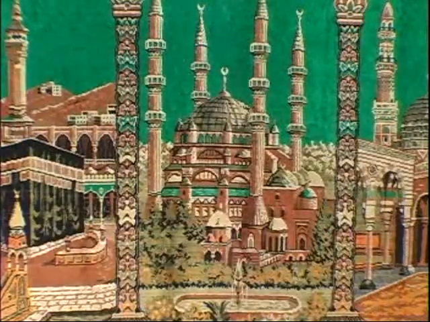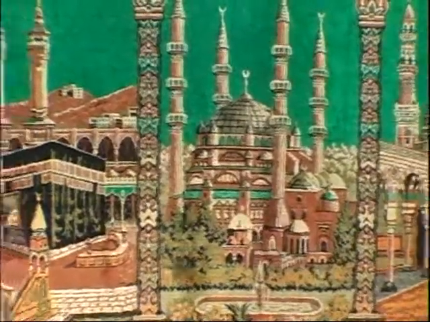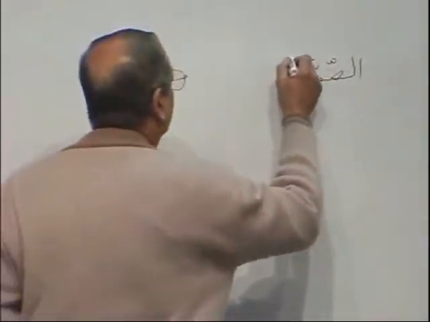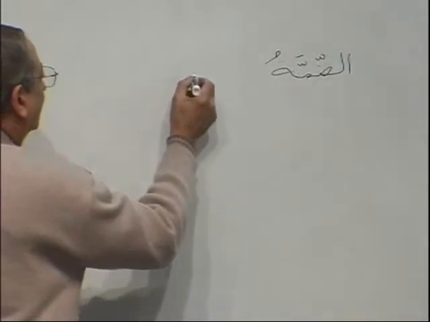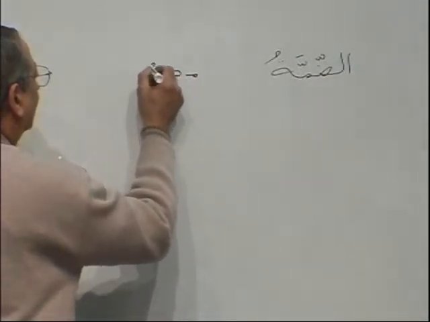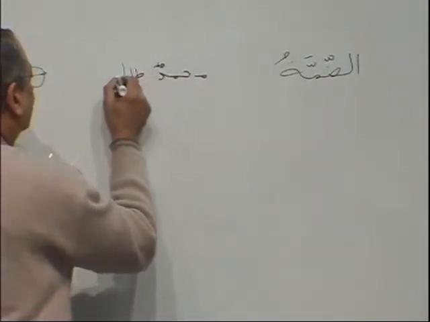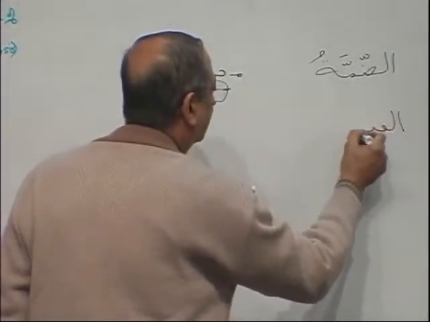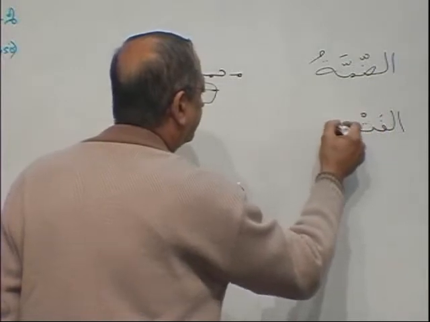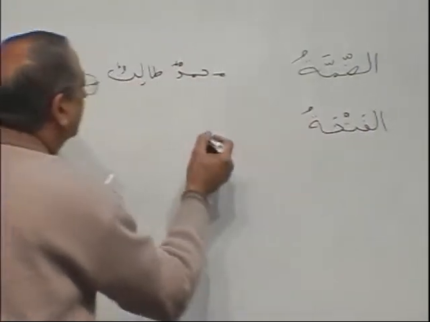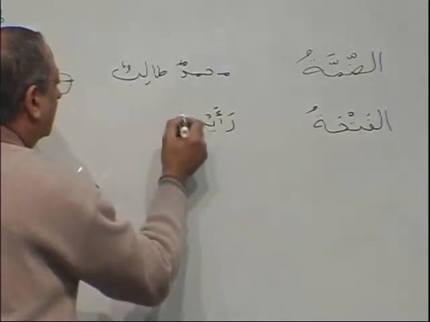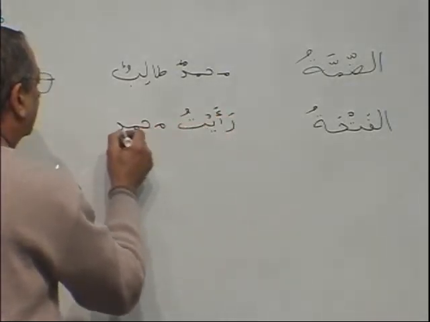Do you want me to write it on board? The first one, brother, ad-dammatu. What will you write down, brother? Muhammadun talibun. And then al-fathatu. Ra'aytu Muhammadan.